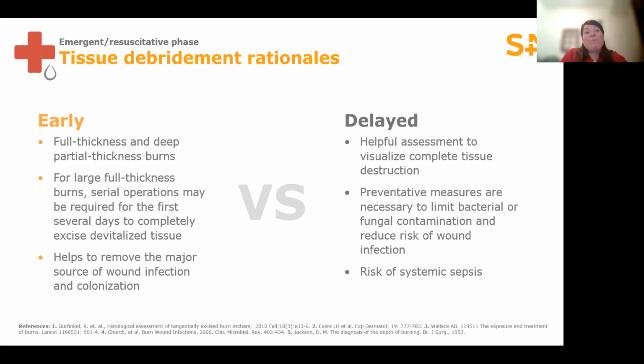So tissue debridement, other than removing blisters and some of that dead debris within your centers, is more often going to be done in the burn centers for those full thickness and deep partial thickness burn injuries.